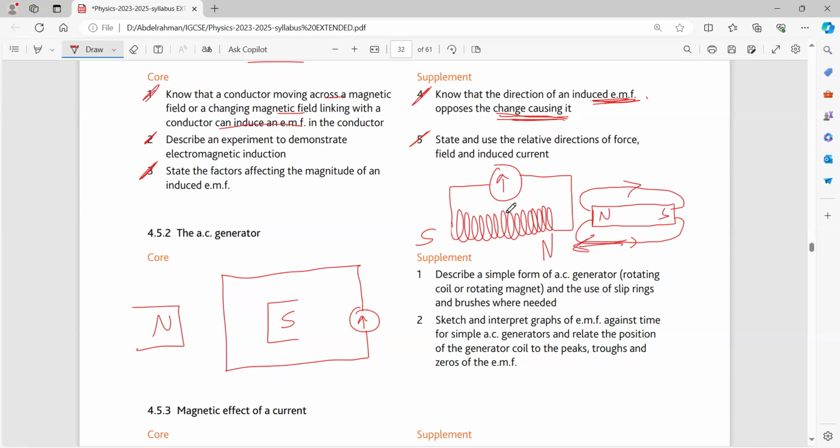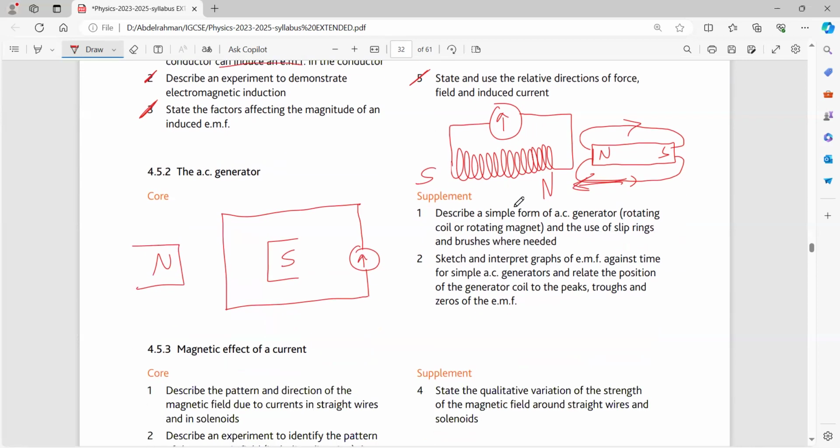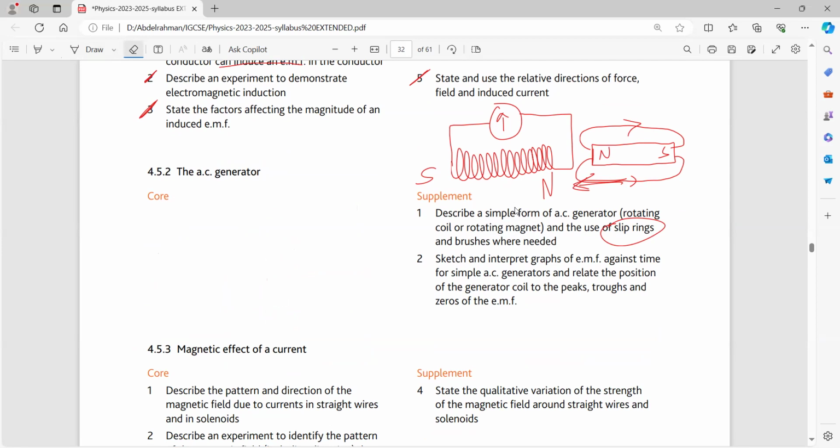AC generator. What's an AC generator? Describe a simple form of AC generator, rotating coil or rotating magnet. You have to use slip rings in an AC generator. I can modify this drawing by having a north pole on this side, a south pole on the other side, and a coil inside the magnetic field.